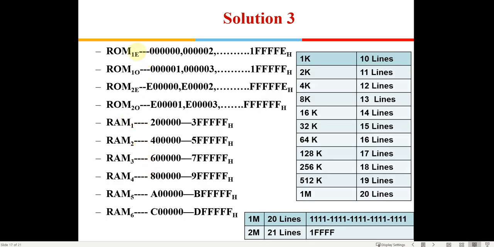Although for ROM 1 it is written in a split manner, even and odd, for RAM 1 it is not written in a split manner, but you have to understand it consists of two 1 MB RAMs. It is just written once out here, then 2, 3, 4 here. So these are the 6 RAMs which have been written here. After this it will start again from 4000. So this is how the memory table is written. Is it clear to all of you how this table has been written?